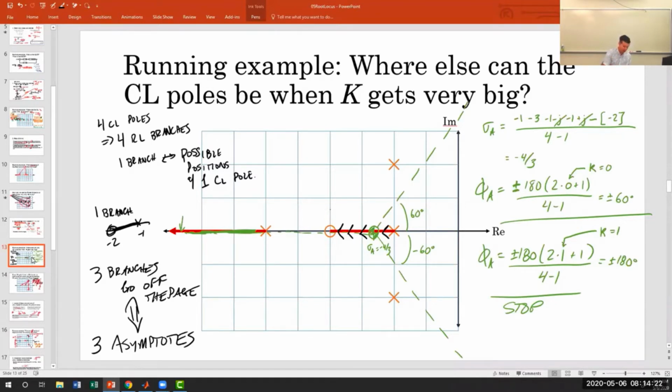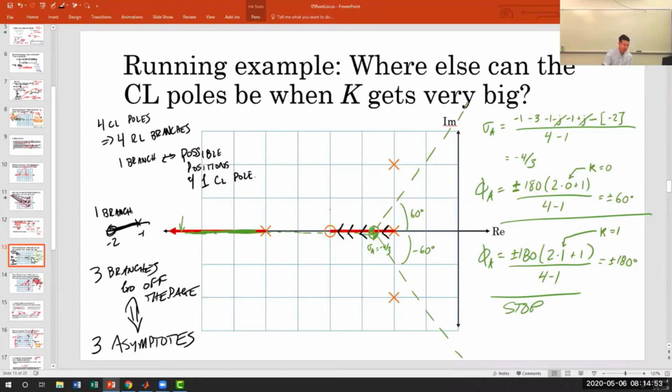Or I'll commonly just abbreviate that as it'll tell you what the branch does as k gets large. So we've got 3 branches that have to go to infinity, which is the technical term, or off the page is the phrase I've been using. Well, one will go at positive 60, one will go at negative 60, and one will end up at negative 180 degrees with respect to the positive real direction. And of course, those angles are all rooted at the center of mass.